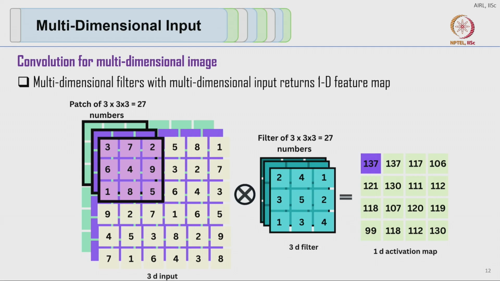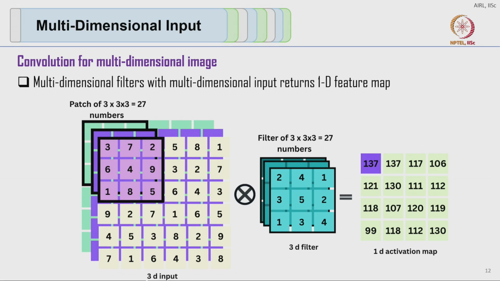So when I say 3 cross 3 filter, what I mean is for every dimensional input there will be one filter. So it will be 3 cross 3 cross 3. That is my filter, but still we call it a 3 cross 3 filter. For every dimension there is a 3 cross 3. If there are 3 dimensions, it becomes 3 cross 3 cross 3.